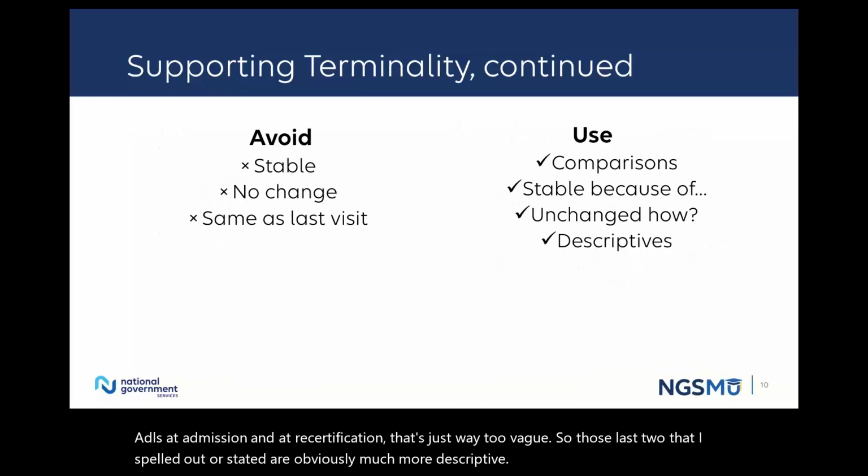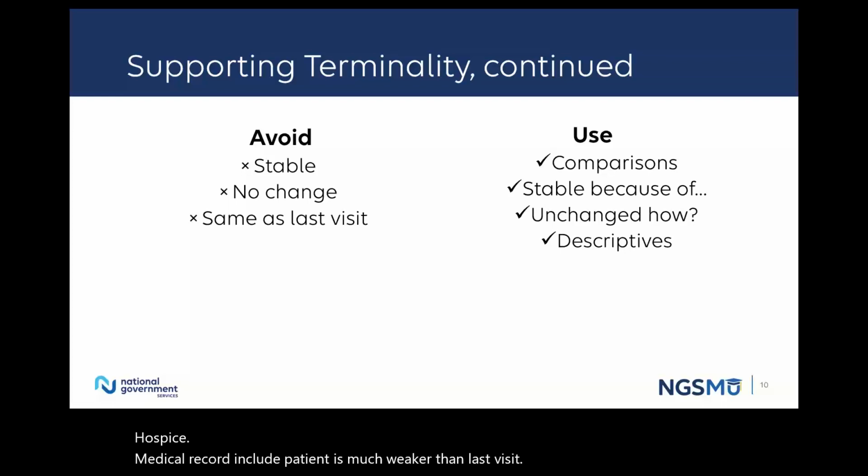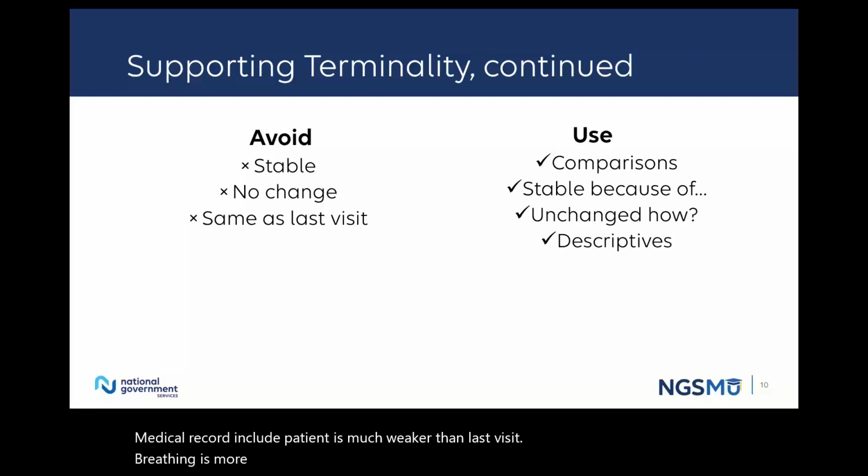All right, so simple examples of sentences painting a picture of deterioration within a hospice medical record include: patient is much weaker than last visit, breathing is more shallow and the patient is conversing slower today, and long silences with fixed stares. All right, so that's showing a slow decline.